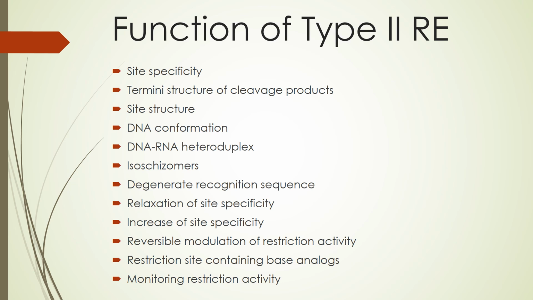Here we start from specificity. Type 2 restriction enzymes recognize specific sequences along the genes and cut them within the recognition site or at a defined number of nucleotides from the recognition site.